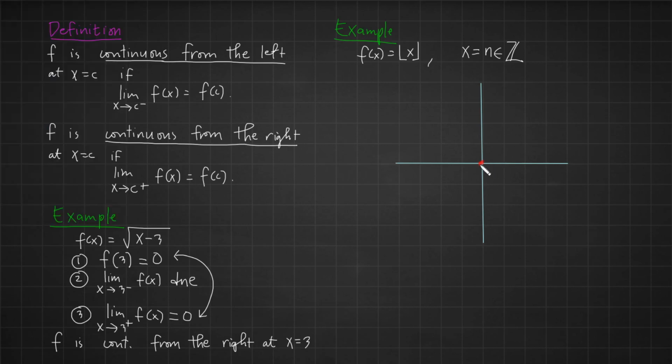And then dito sa interval na to, we have 0 point something. Okay. So we will have numbers here which are between 0 and 1. Yung value ng floor function doon ay 0. Ayan. And then yung graph natin mag-jump. It will have a hole here and it will jump at the next value. And let me just continue this pattern.